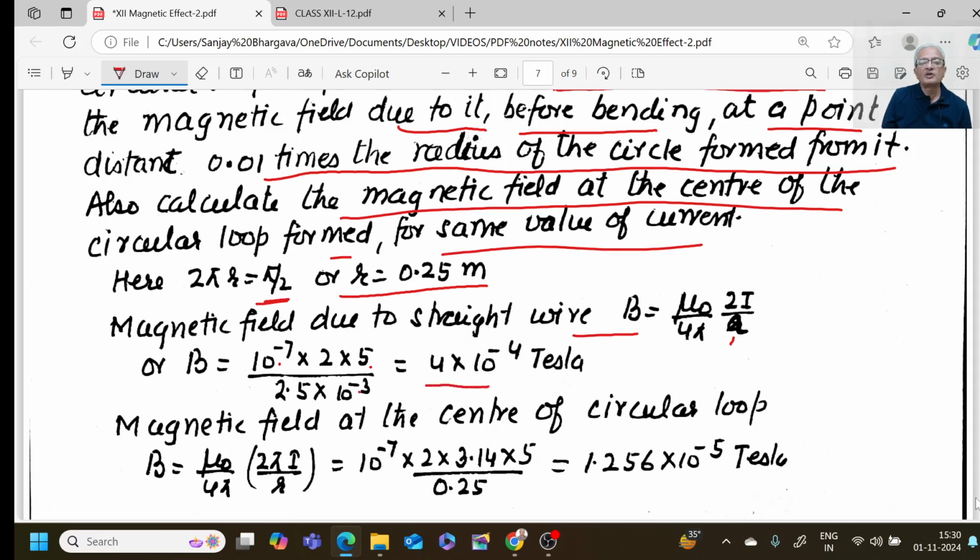So the magnetic field due to the straight conductor comes out as 4 into 10 raised to power minus 4 Tesla. Now what would be the magnetic field at the center of the circular loop? Mu 0 upon 4 pi into 2 pi I upon r. That is 10 raised to power minus 7, into 2 into 3.14 into 5 upon 0.25. That is 1.256 into 10 raised to power minus 5 Tesla.